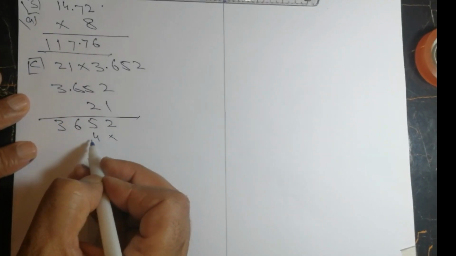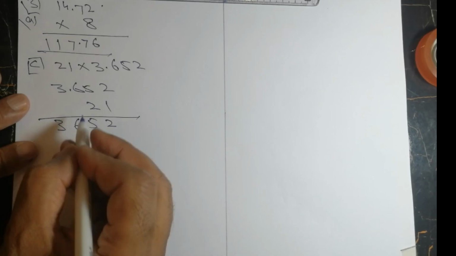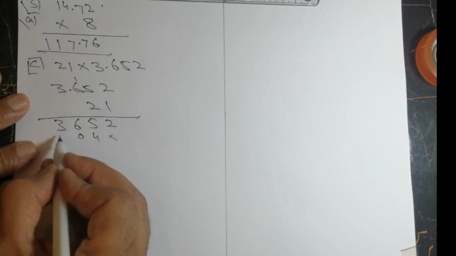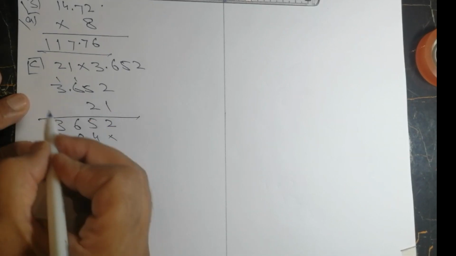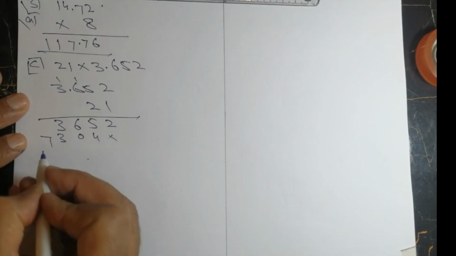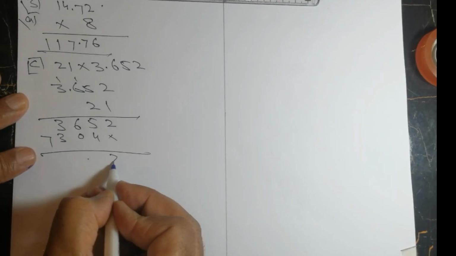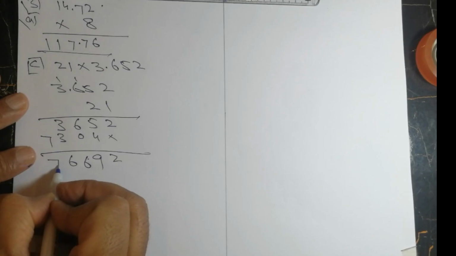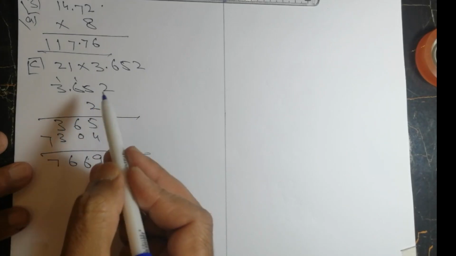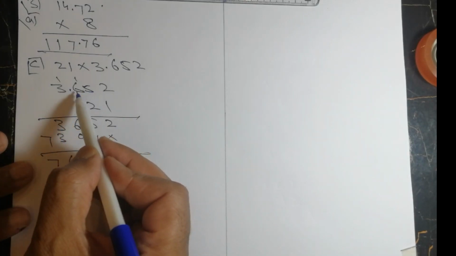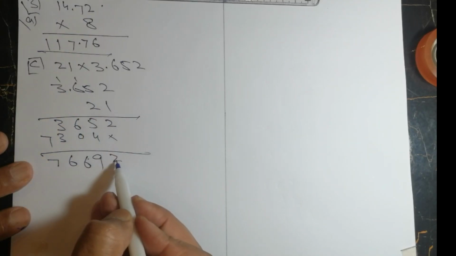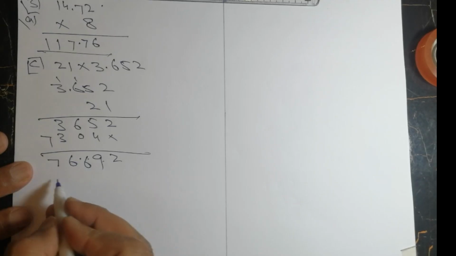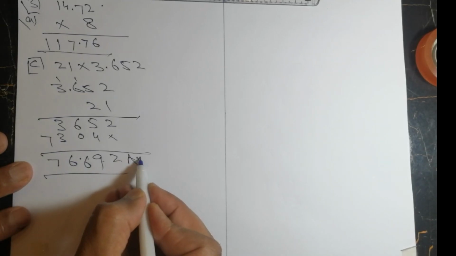So 2 twos are 4, 2 fives are 10, 1 carry, 2 sixes are 12 and 1 is 13, 1 carry, 2 threes are 6, 1 is 7. So add. Where will the decimal be? If we count 1 2 3, 3 digits total. So from the right, after 3 digits. So this is the answer.